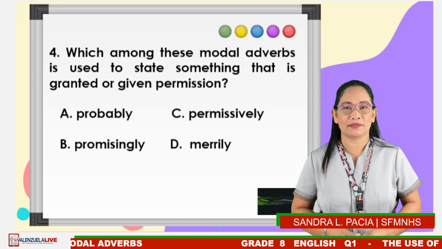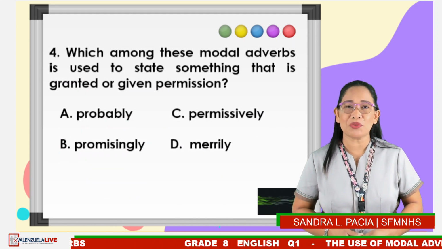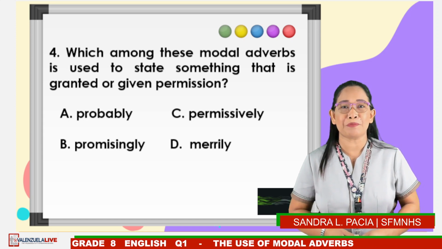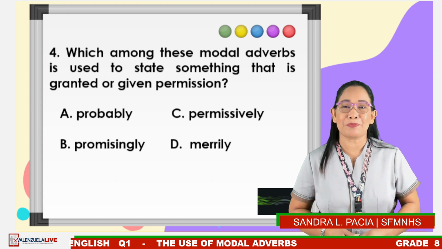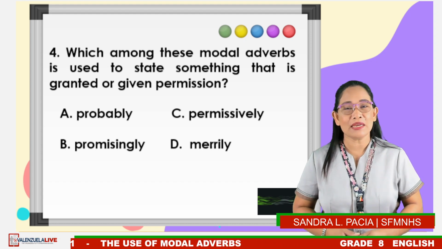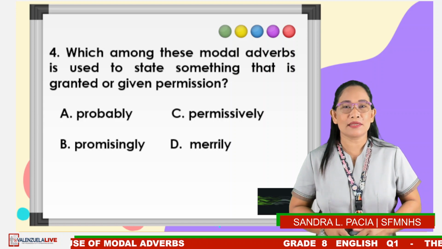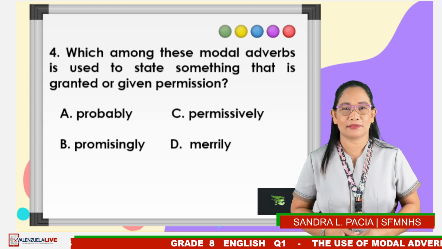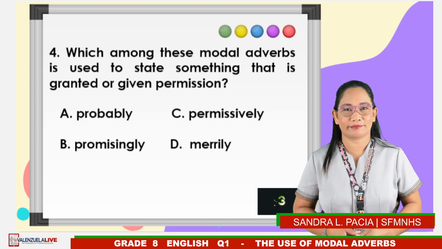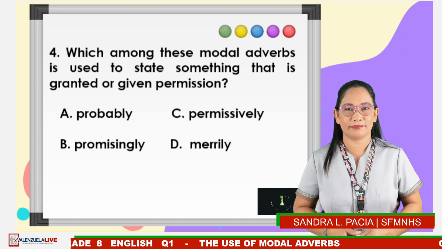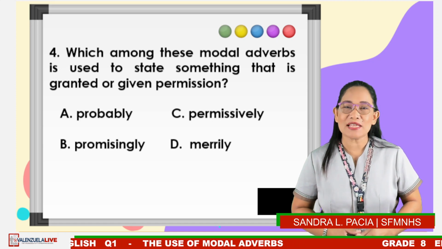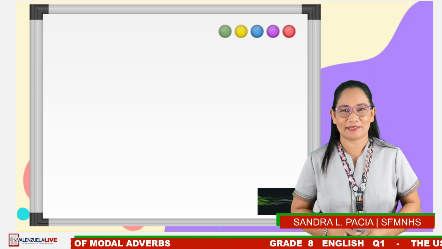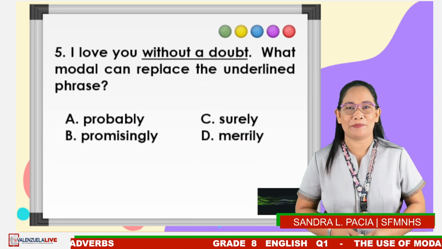Number 4. Which among these modal adverbs is used to state something that is granted or given permission? A. Probably. B. Promisingly. C. Permissibly. D. Merrily. If your answer is letter C, then you are correct. Number 5.